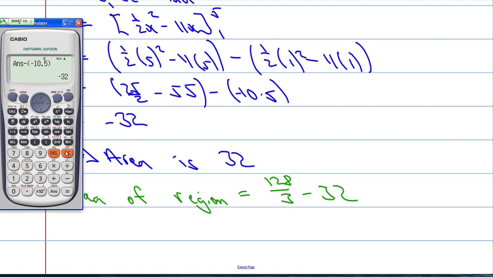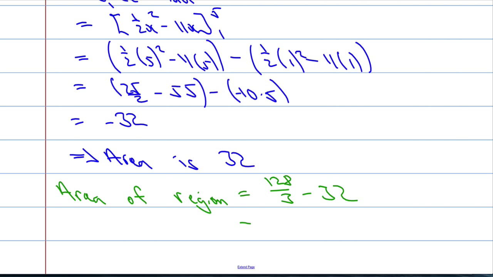Get this fantastic calculator out again. 128 over 3 minus 32 equals 32 over 3.